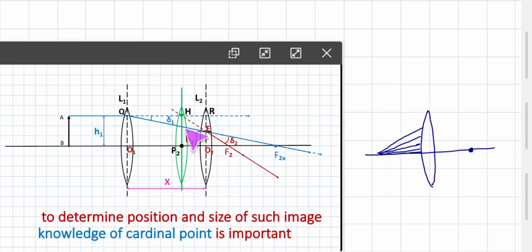Now the important question is: what is the place of this equivalent lens from the object, so that you get the image at the same point and of the same size as we get using two lenses? For these things, knowledge of cardinal points is very important.